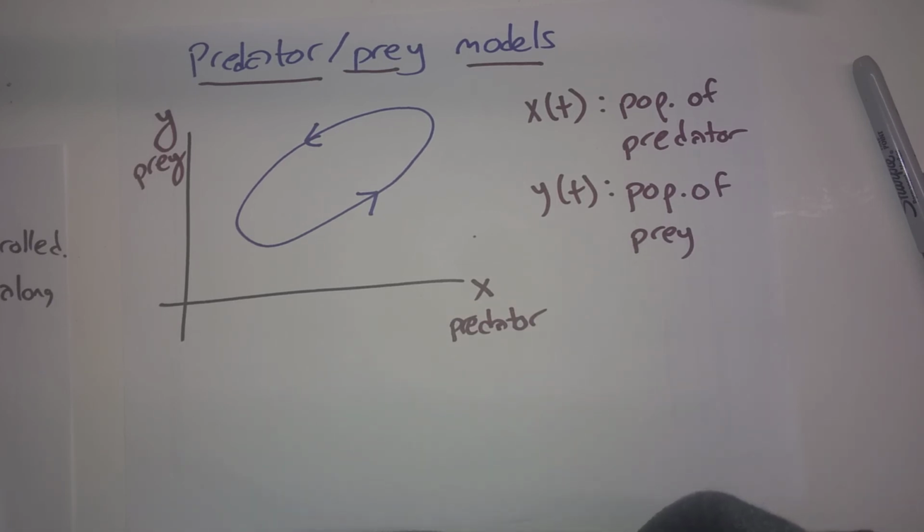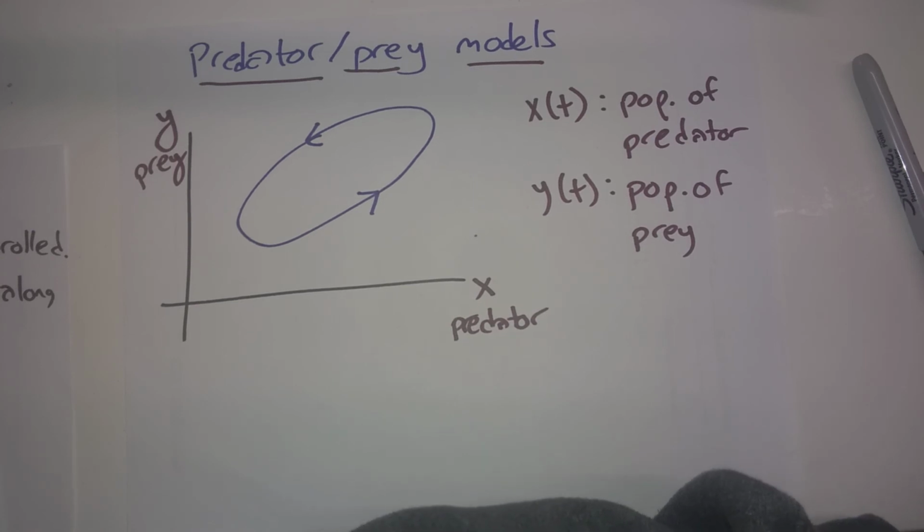So let me back up, regroup my thoughts, and put it in this way. You might say, okay, we have not too many prey at some point, and not too many predators. But if there are not too many predators, the prey could increase in population until we have lots and lots of prey. And then at that point, because we have more and more prey, there's more food for the predators to eat.